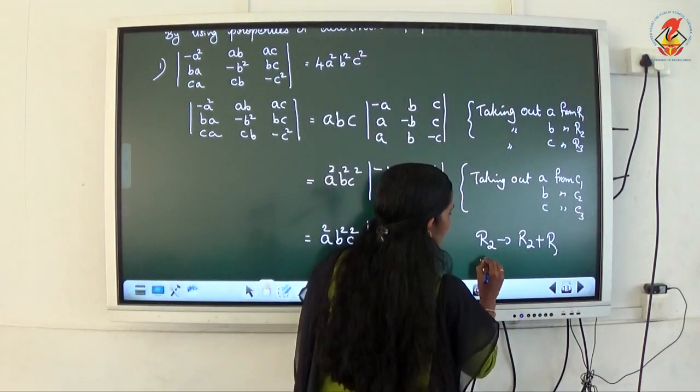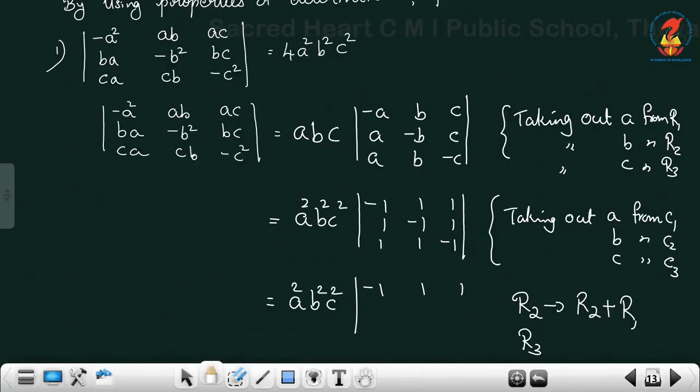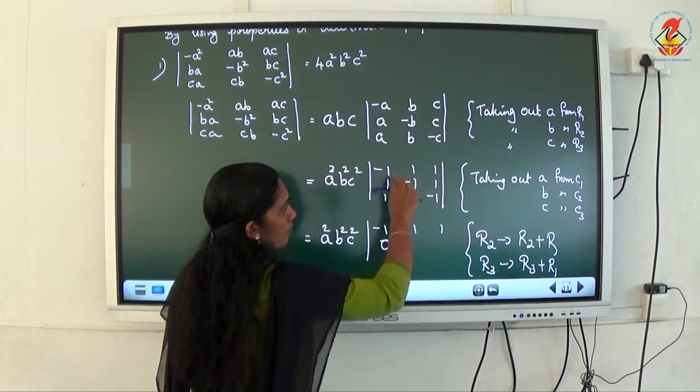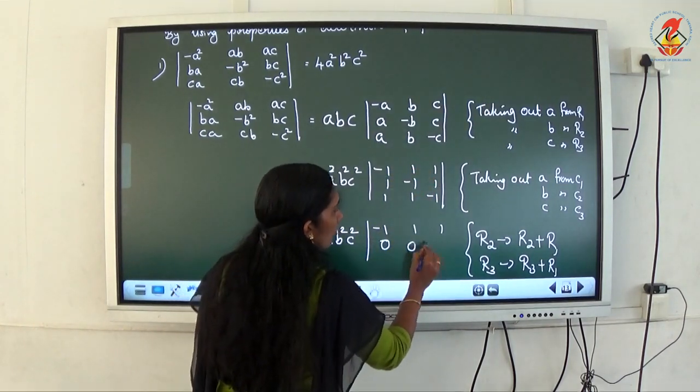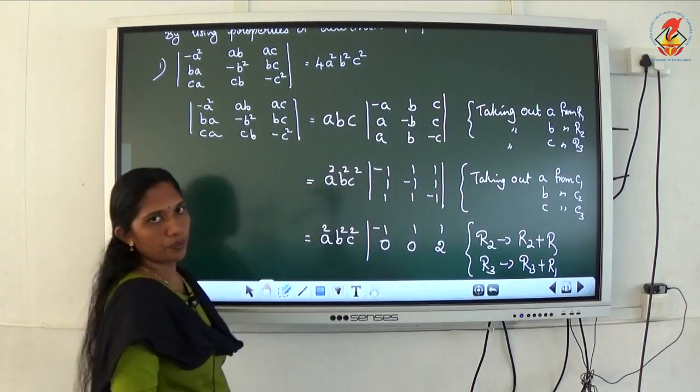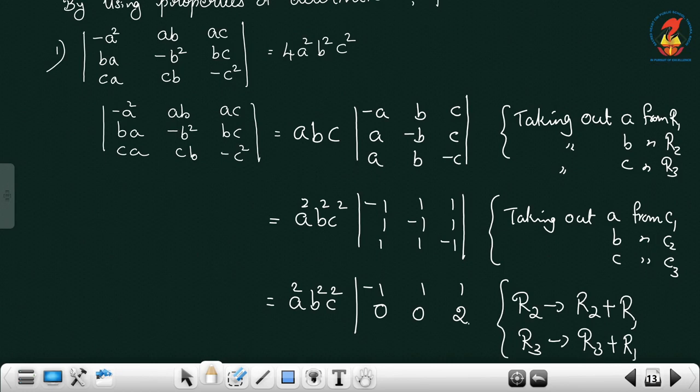Same way R3: this 1 and -1, when we add, that becomes 0. So R3 → R3 + R1. So these are the operations we are doing here. So 0, addition 0, 1 plus 1 is 2. Then 1 and -1, 0, 1 plus 1 is 2, -1 plus 1 is 0.